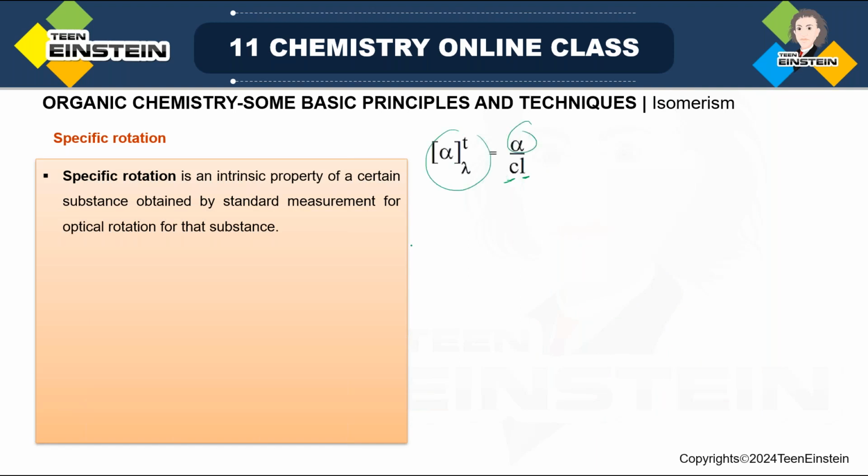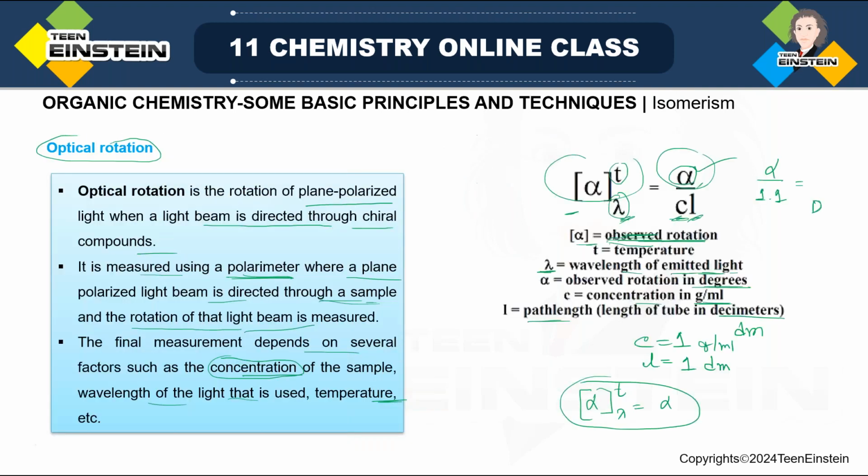Now try to understand the difference between specific rotation and optical rotation. Optical rotation, which we have seen in the previous slide, you can measure at any concentration or any L. You can have different observed rotations depending on what concentration you have taken. Suppose in the first record you have taken 2 gram per ml or 0.5 gram per ml. In these two cases you will get different observed rotations.